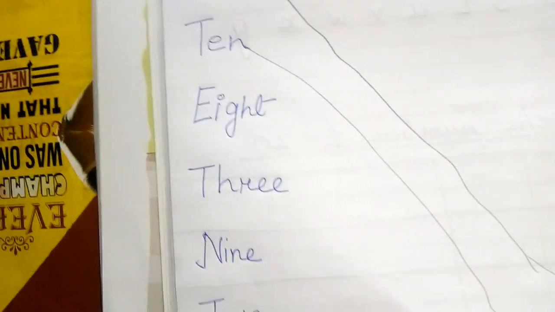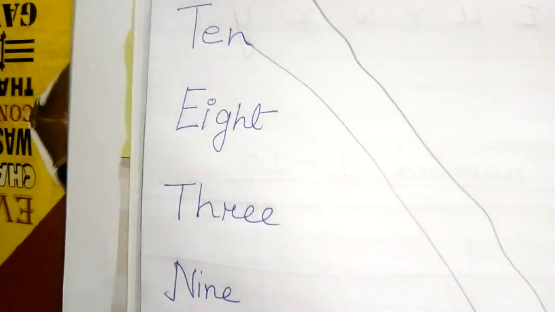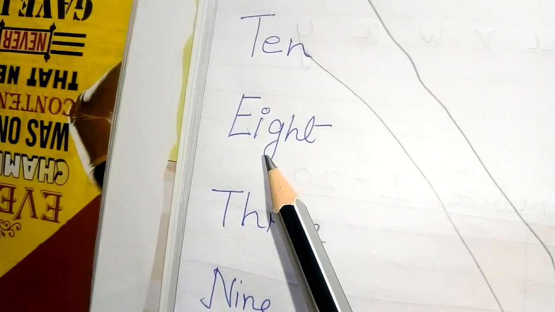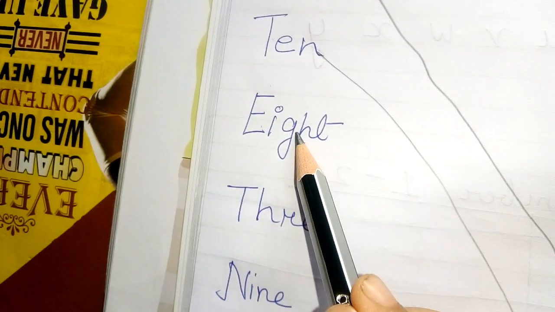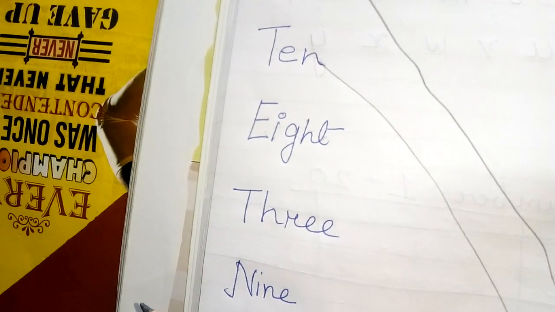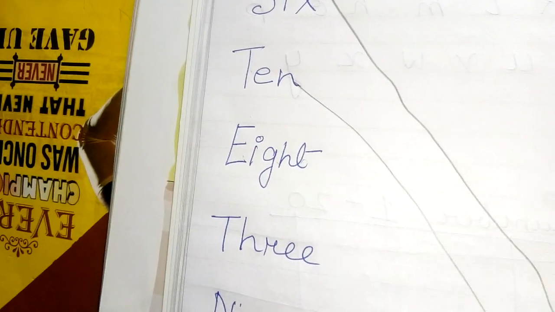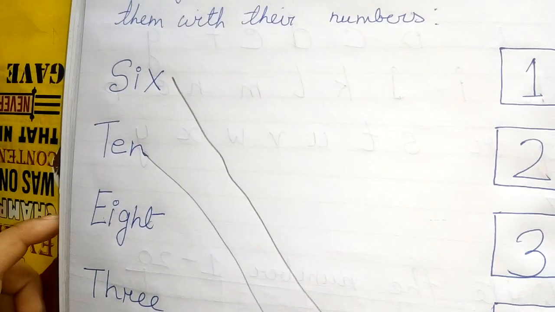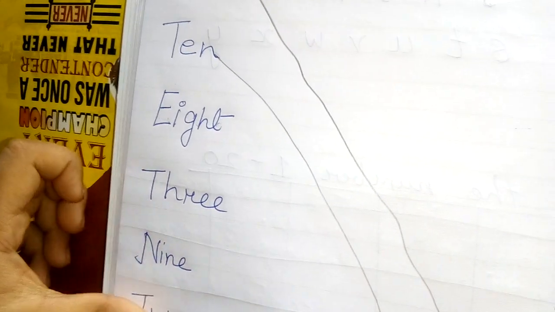Next, what is this? E-I-G-H-T. 8. Where is 8? 8 is here.